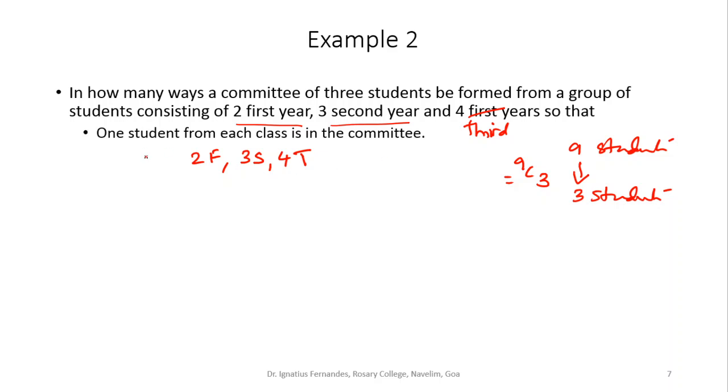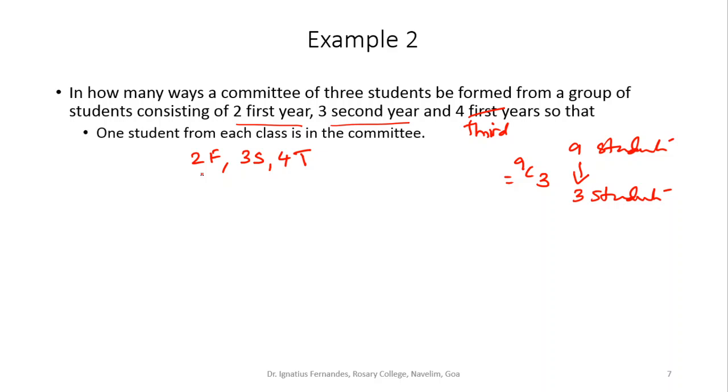So now we have a condition here. We want to form a committee of 3 students from this, such that one student from each class is in the committee. Accordingly we will put these conditions. For one student to be there from each class, I have to basically select one student from each of the classes.